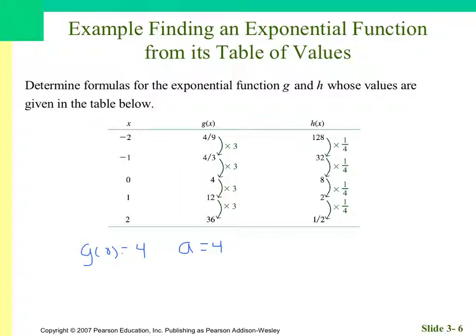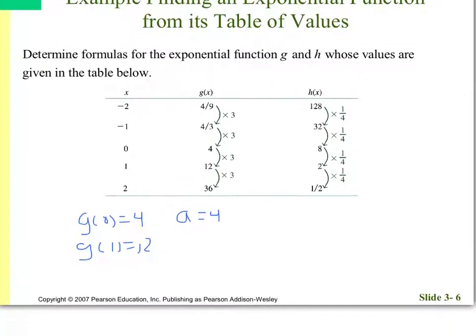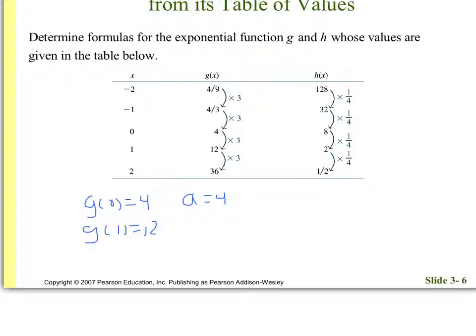I know g of 1 is equal to 12. So I say 12 equals 4 times b to the first. Well, divide by 4, you get b equals 3. So this one is g of x equals 4 times 3 to the x.